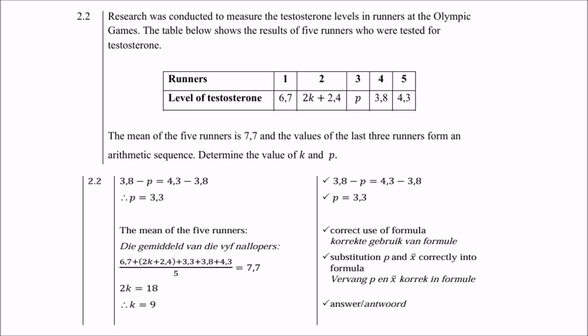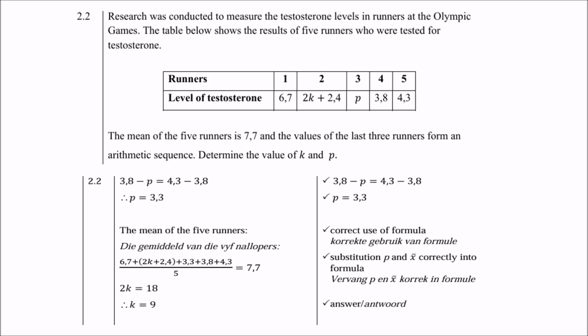Now the mean of the 5 runners is 7.7, and the values of the last 3 runners form an arithmetic sequence. Very important. The last 3 runners, that is runners 3, 4, 5, form an arithmetic sequence. Determine the value of K and P.